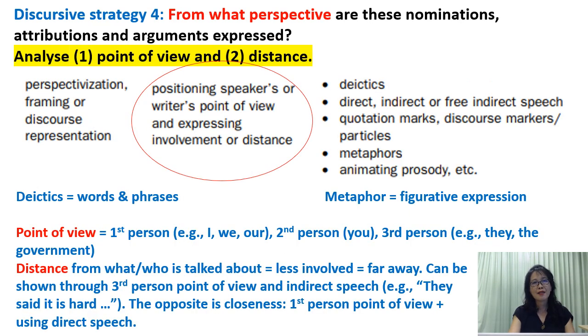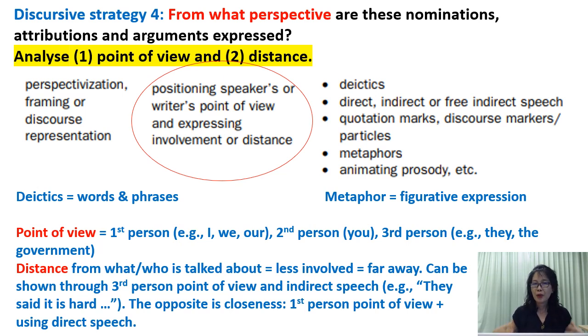Next, discursive strategy 4. From what perspective are these nominations, attributions, and arguments expressed? So number 4 actually takes in what we have analyzed previously, the 1, 2, and 3. Now we are positioning the speaker's or the writer's point of view in regard to the content.